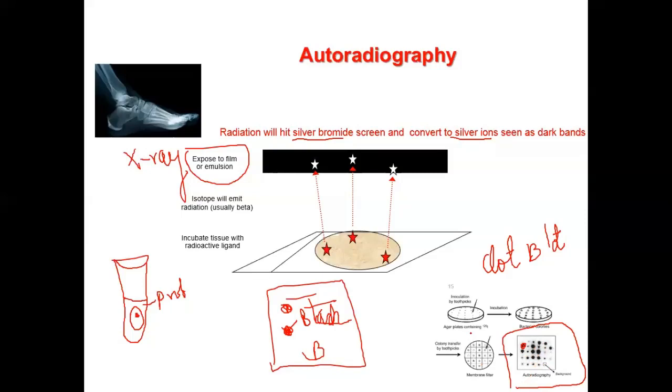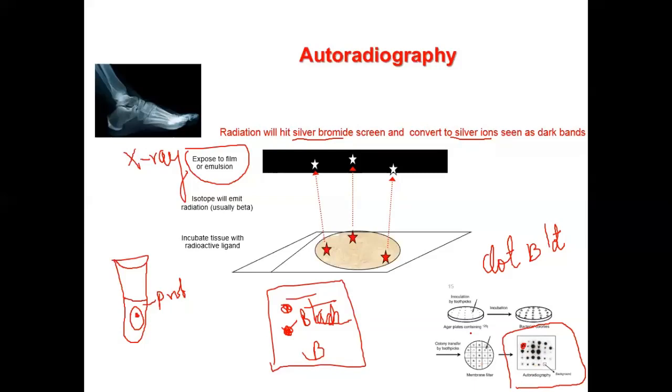So in autoradiography, you take the nylon membrane to which the probe has been bound and keep it on the X-ray sheet. The X-ray sheet is made up of silver bromide. Wherever this radioisotope hits the screen, the silver bromide gets converted to silver ions.